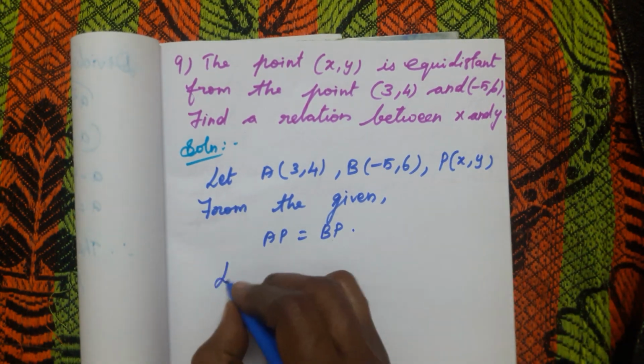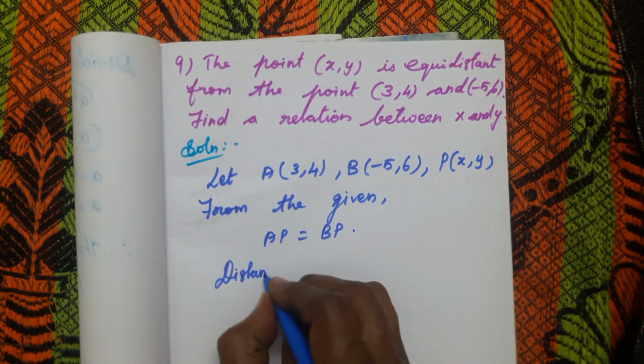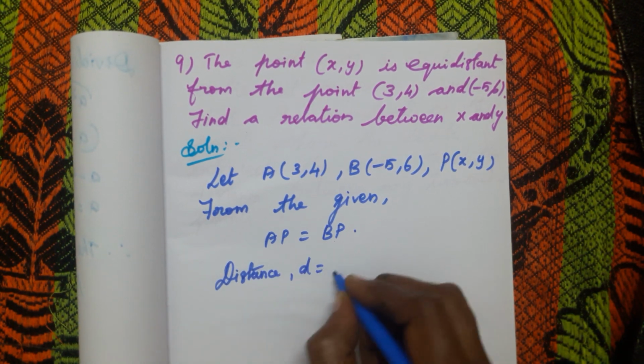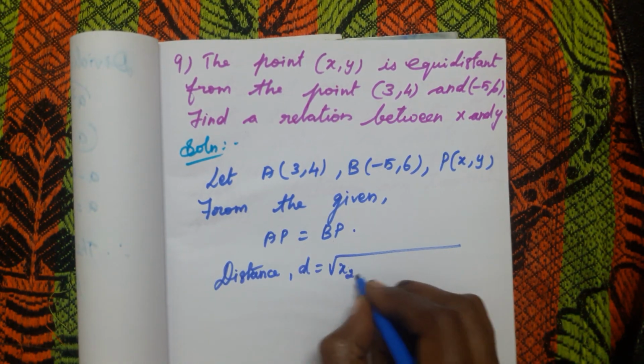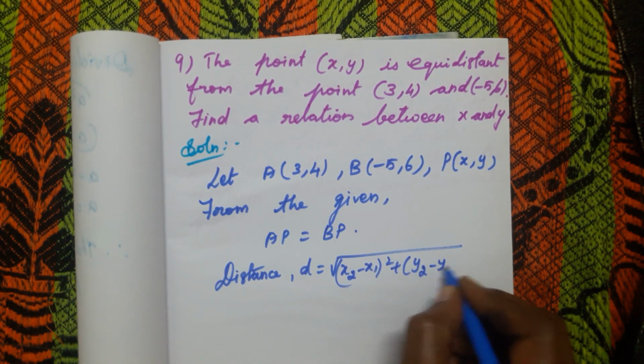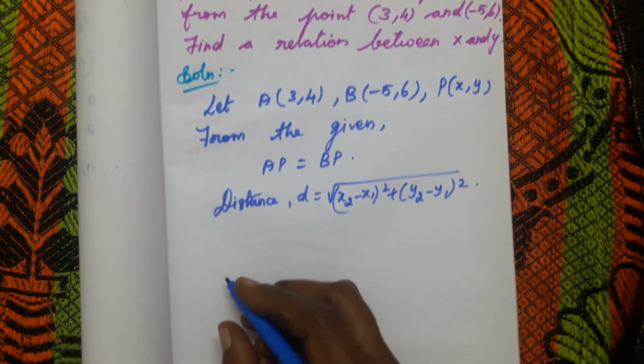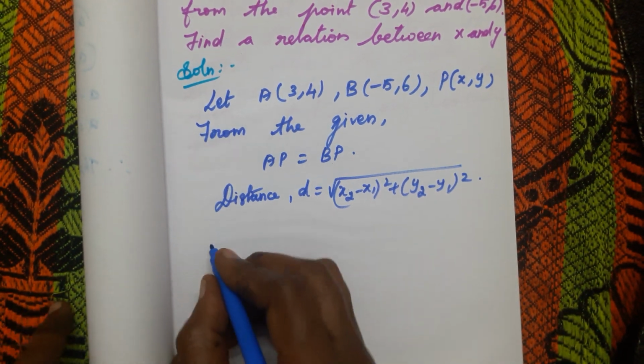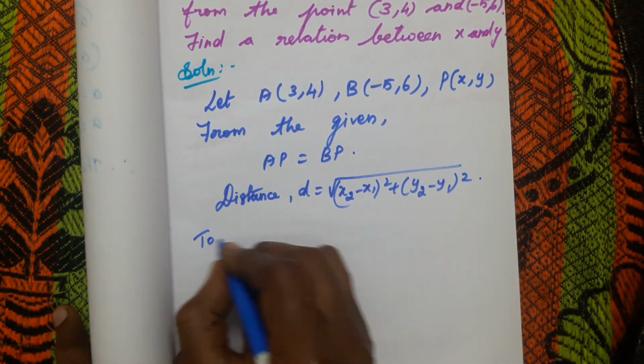Next, what is the distance formula? Distance D is equal to root of (x2 minus x1) the whole square plus (y2 minus y1) the whole square. Then to find AP.